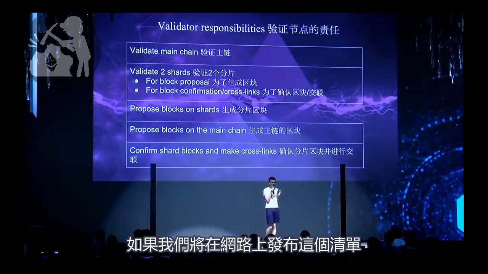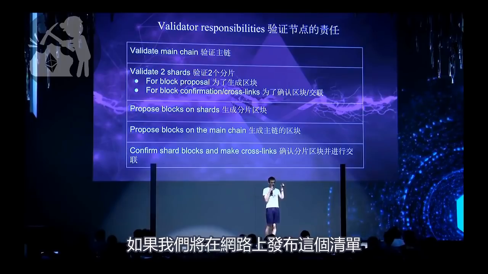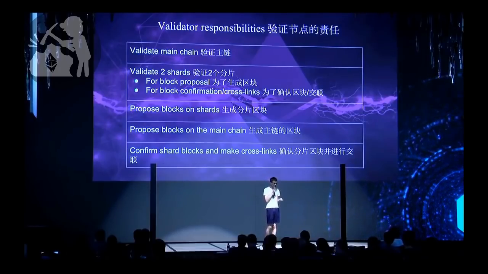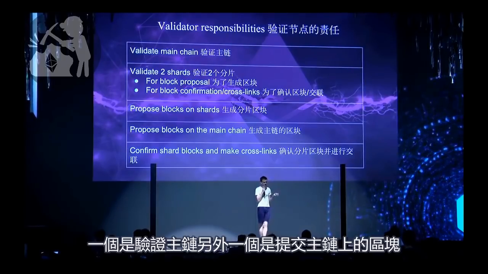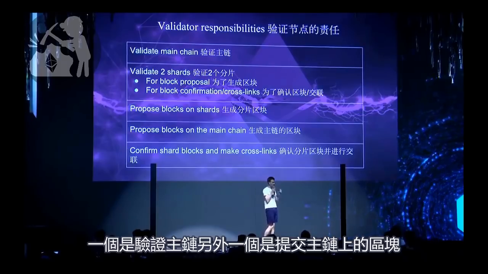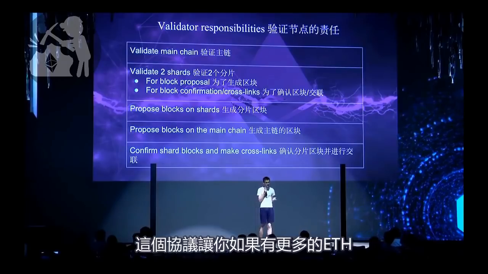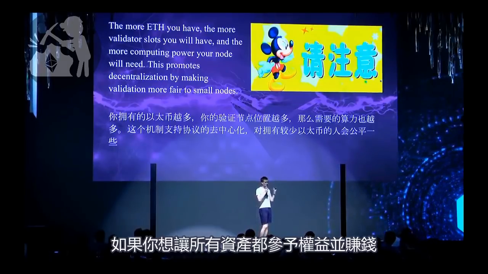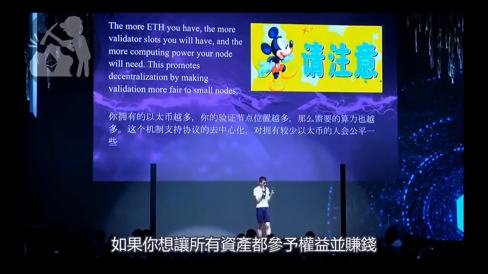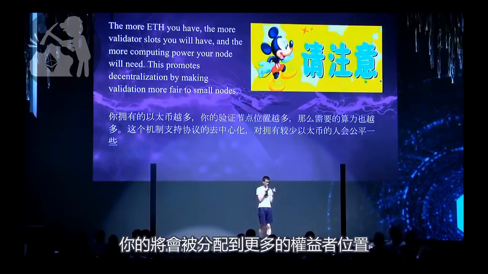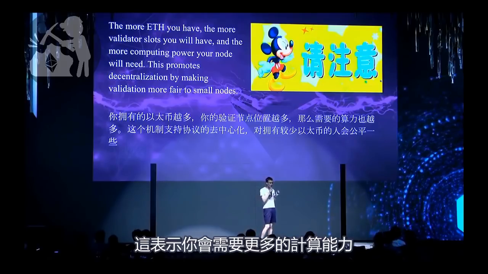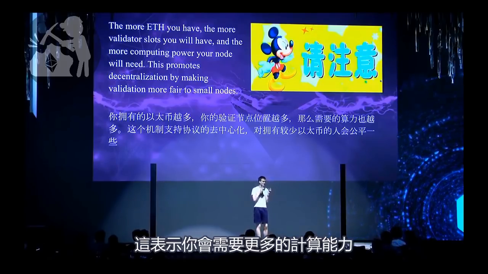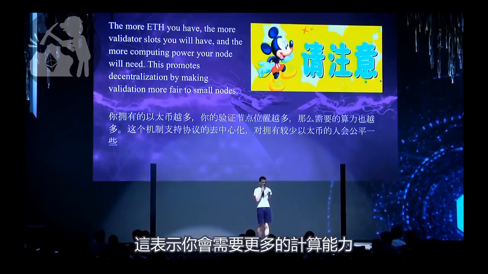Now, if we were to make this list for a regular network, there would basically be 2 items: validate the main chain, and propose blocks on the main chain. In this protocol, the more ETH you have, if you want all of that ETH to be staking and earning staking rewards, the more validator slots you will be assigned to, and so the more things you will be assigned to validate at any one time, which means you will need more computing power.